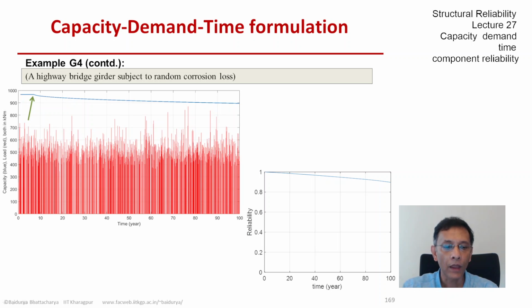So this is how we will set up a problem based on the underlying physics, the underlying mechanics of the problem, and include all the randomnesses and whether the processes are stationary or not, whether processes are random or not. If we have the knowledge about all the random variables and random processes, we have the ability to undertake a first principles based simulation and obtain estimates of the reliability function, the hazard function, and so on.